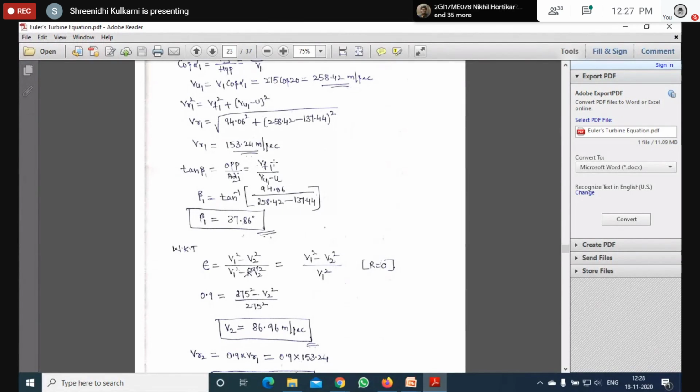We know the VF1 value, which we already calculated, and we know VU1. Find beta 1, that is the rotor blade angle at inlet.